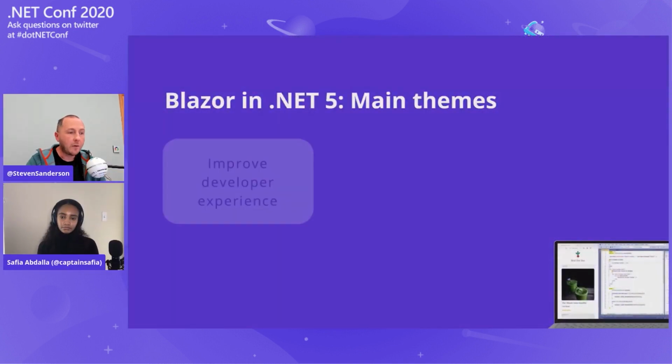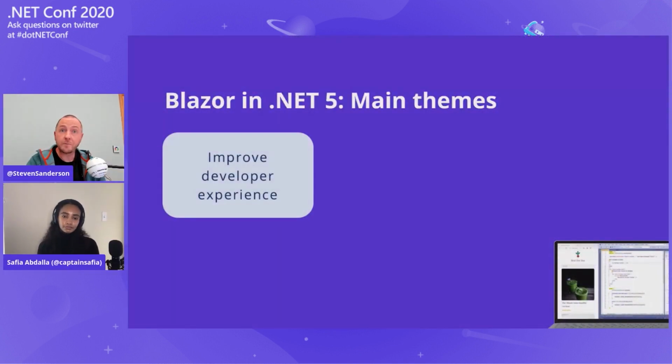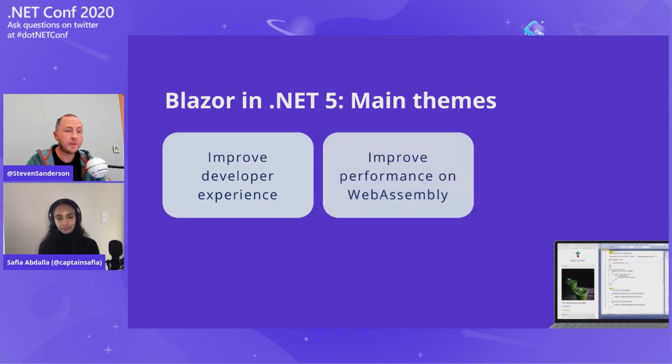So the three main areas that we are focusing on are, first, improving the developer experience. And that's things like improving the debugger, improving the code editor, improving the responsiveness as you change your code and want to see updates showing up in the browser. The second feature area that we focused on is improving performance on WebAssembly. We got quite a bit of feedback of people saying that they found cases where they really needed their Blazor WebAssembly apps to run faster.